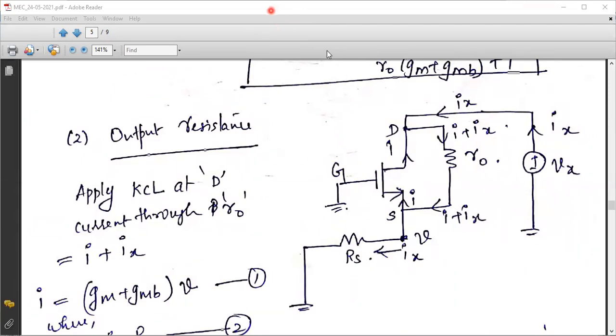Yes, please, what is the difference that you are observing? Soumya? What is the difference that you are observing in this diagram?